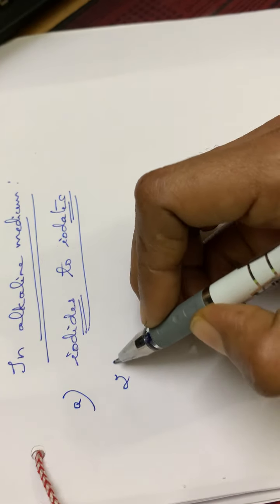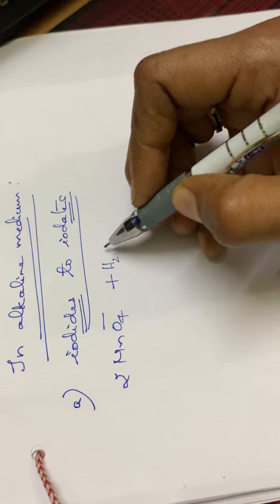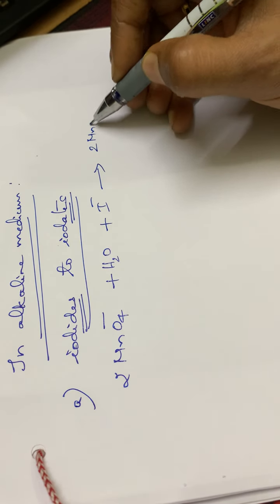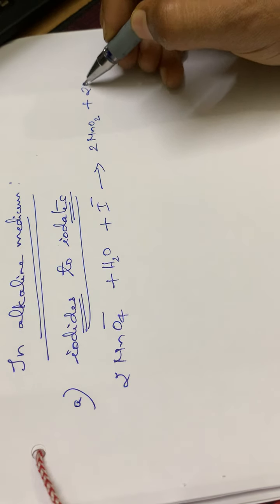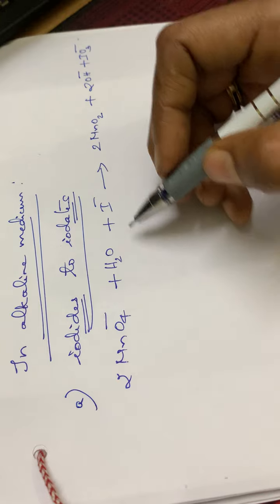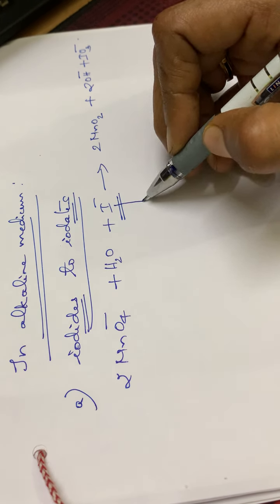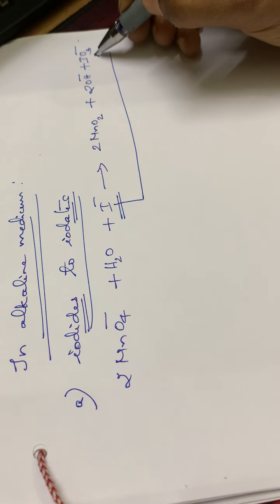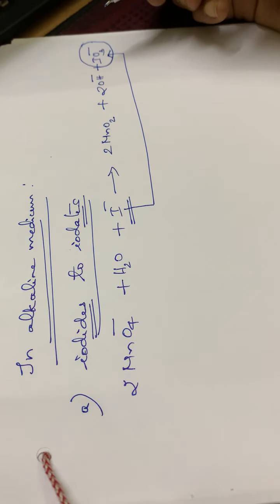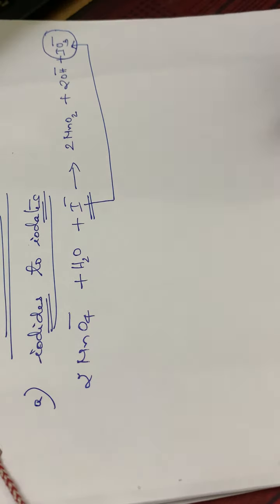So here the equation will be like this: 2MnO4 minus plus H2O plus I minus giving 2MnO2 plus 2OH minus plus IO3 minus. See here, iodide means HI or KI. So this iodide ion is oxidized to iodate. Iodate, the formula is IO3 minus or HIO3. Okay, so this is the oxidation reaction in alkaline medium.